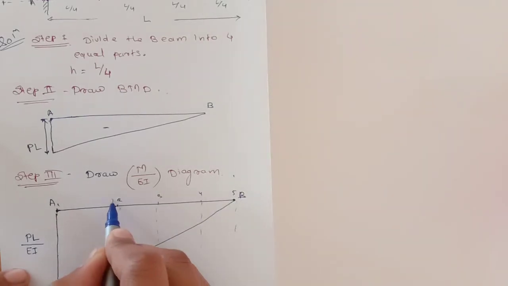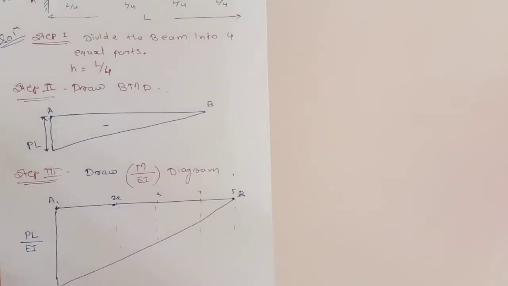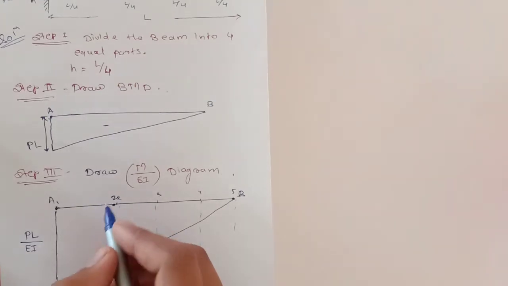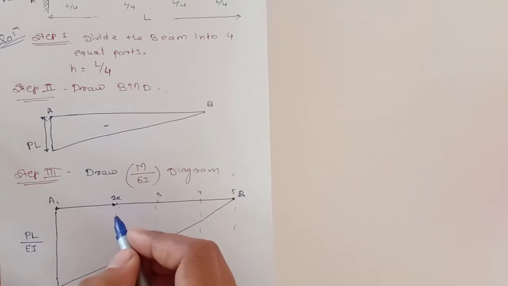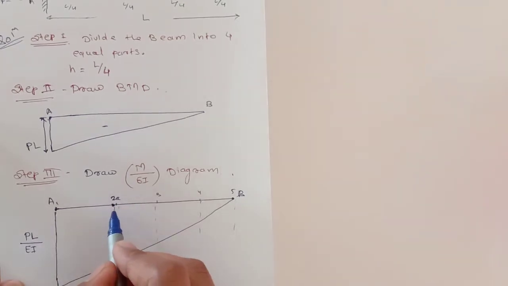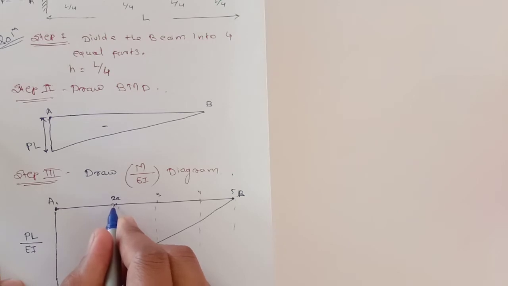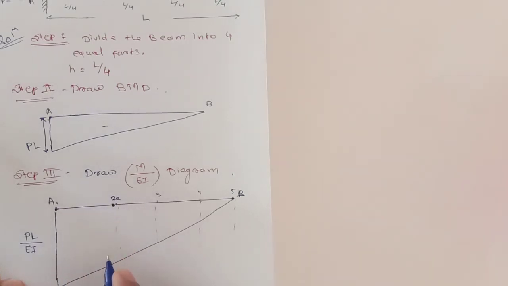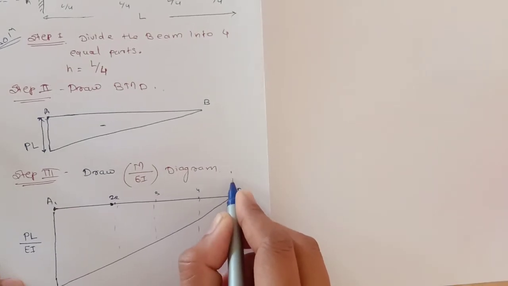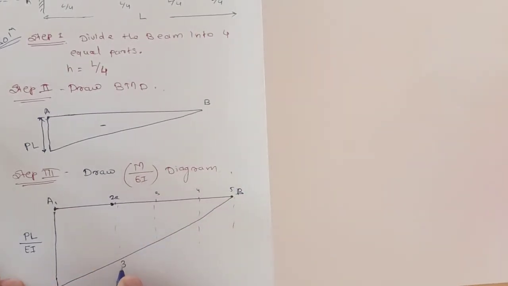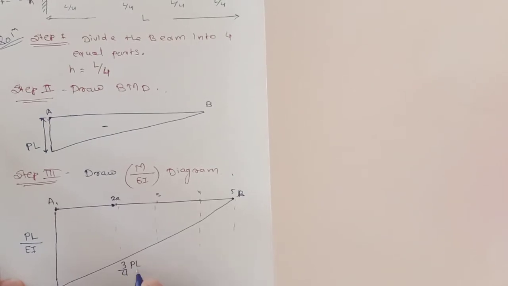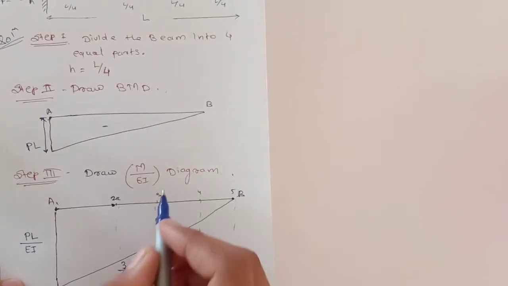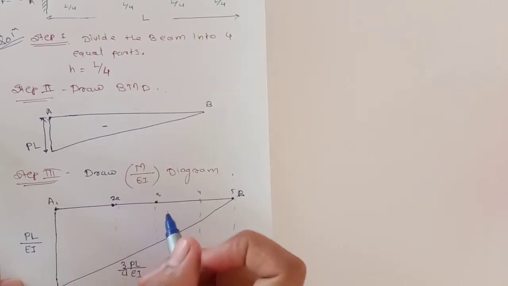Then next, the M upon EI diagram at the second nodal point. So take the moment at point 2. The total distance is L meters, and at point 2 the distance is 3/4 L. So here P into 3/4 L, that is 3PL divided by 4EI. Next, take the moment at point 3.